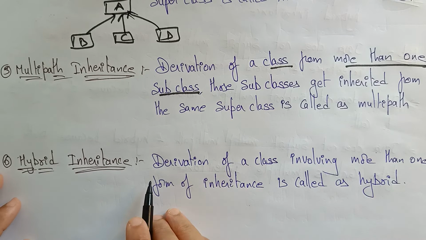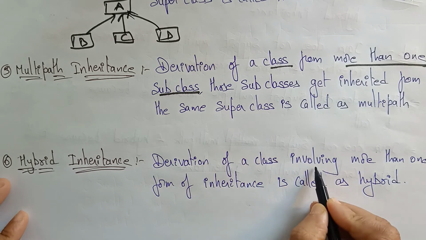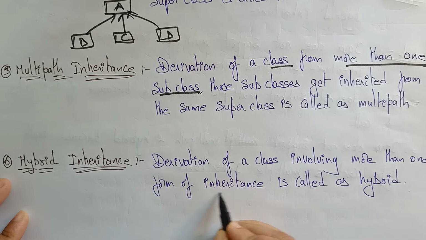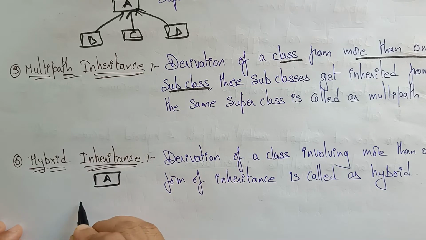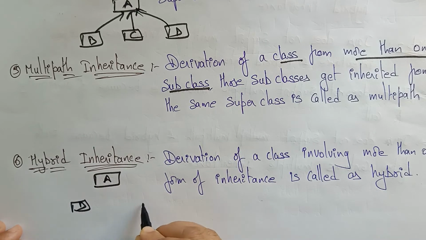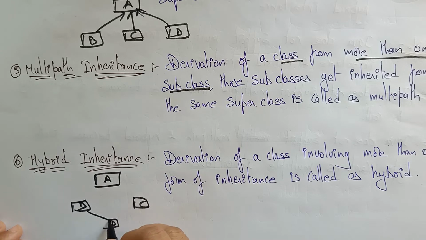And next, hybrid inheritance. What is hybrid inheritance? Hybrid inheritance means derivation of a class involving more than one form of inheritance. Here more than one form of inheritance is there: A, B, C and D. See here.